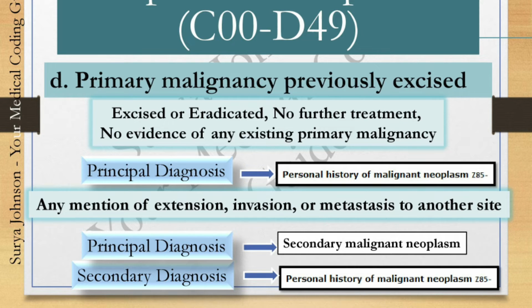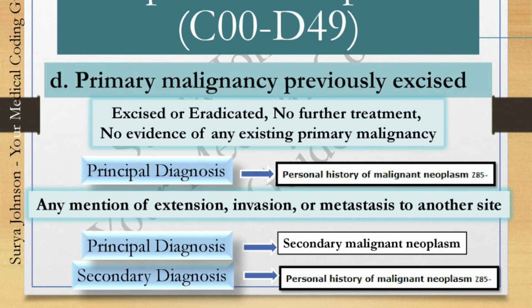If there is any mention of extension, invasion or metastasis to another site, that means the primary malignancy is eradicated, but it has metastasized to another site. In this scenario, you will code the principal diagnosis as secondary malignant neoplasm. The secondary neoplasm is still there in the body. The primary site malignant neoplasm has been eradicated, but the secondary malignant site is still there.